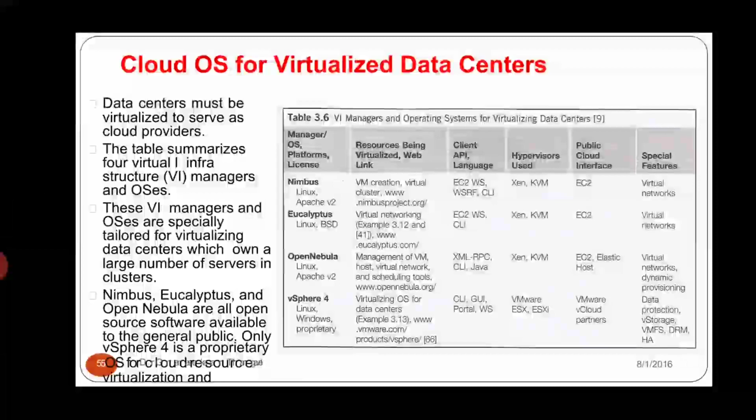Nimbus, Eucalyptus and OpenNebula are all open source software available to the general public. Only vSphere 4 is a proprietary operating system for cloud resource virtualization. This is the concept of a cloud operating system for virtualized data centers.